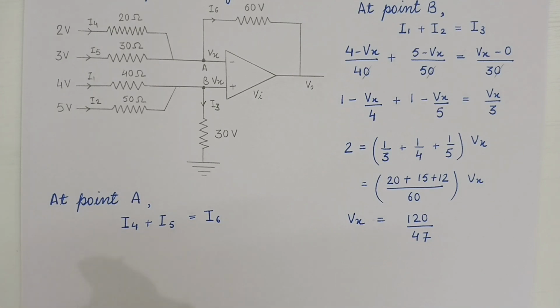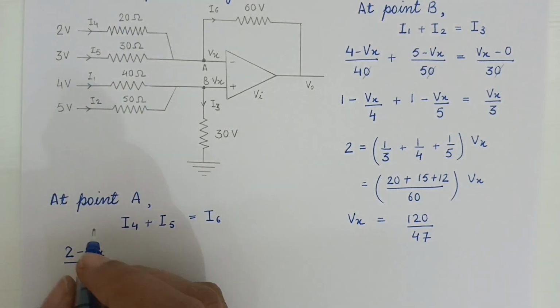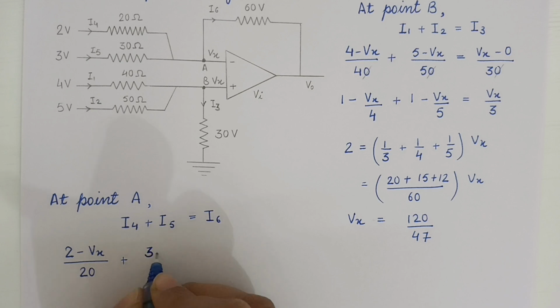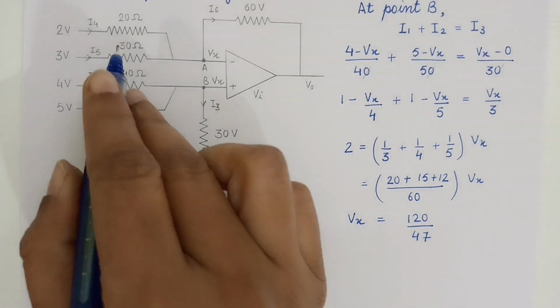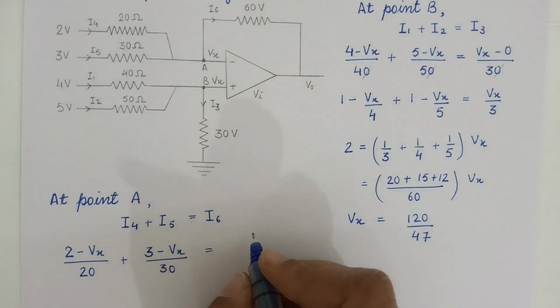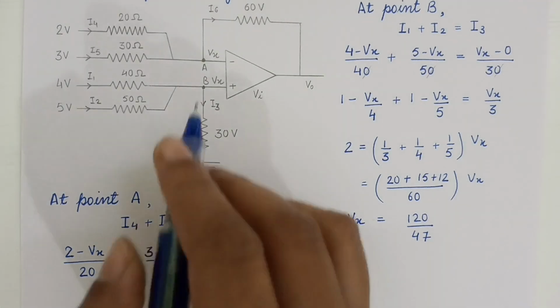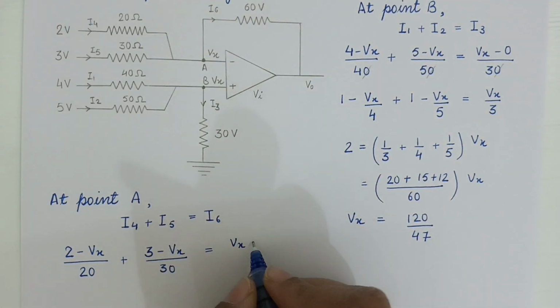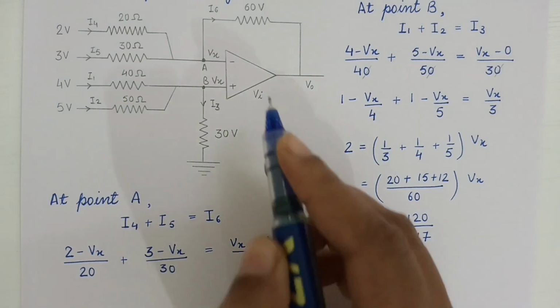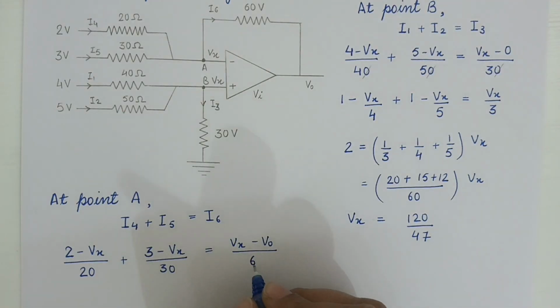So let's write it. 2 minus Vx divided by its resistance, that is 20, plus 3 minus Vx divided by its resistance, 30, is equal to Vx minus V naught, and its resistance is 60.